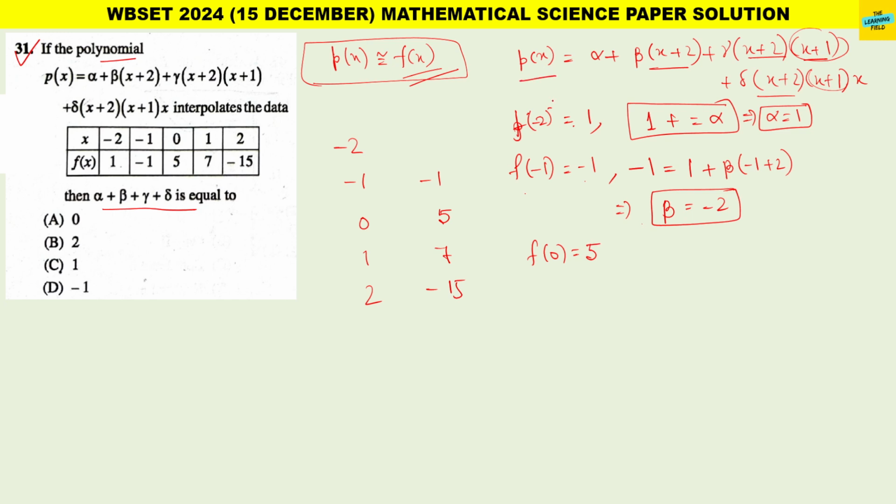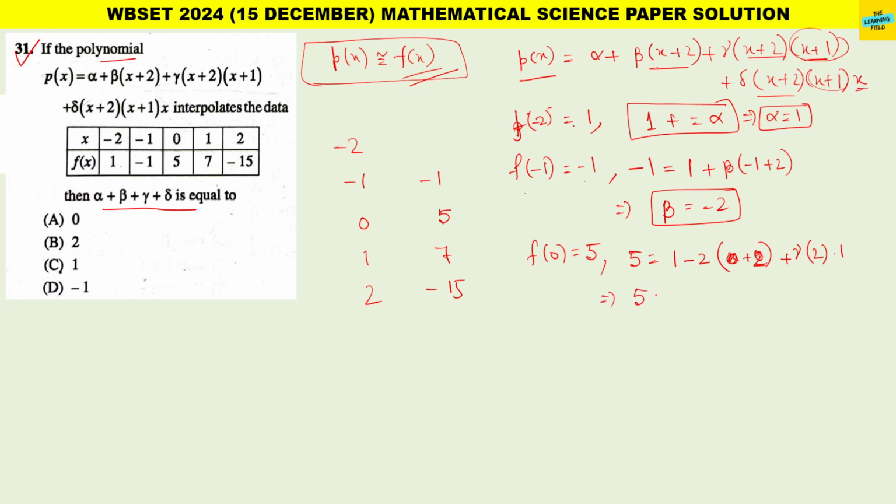If we put here, then 5 equal to f of 0: alpha means 1, beta into (x plus 2), minus 2 into (0 plus 2), plus gamma into 2 into 1, and the remaining term is 0 because x is present here.